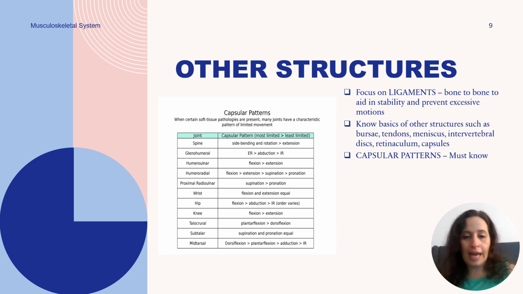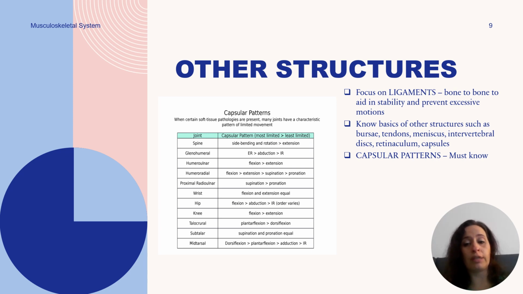So if you look at the little chart that I put there, a big one that almost always gets asked about is the shoulder capsular pattern, which is external rotation is the most limited, followed by abduction, followed by internal rotation. So in a question, anytime you see that they're talking about those movements being the worst or the most limited, your answer or your option should point to a capsular issue or working on the capsule or treating the capsule, rather than saying it's a muscle tear or whatever, right?